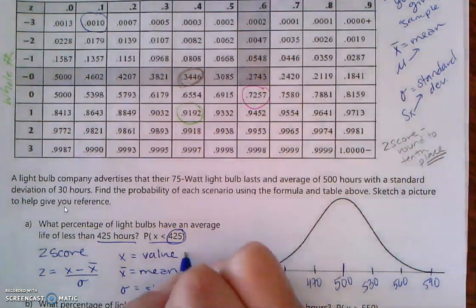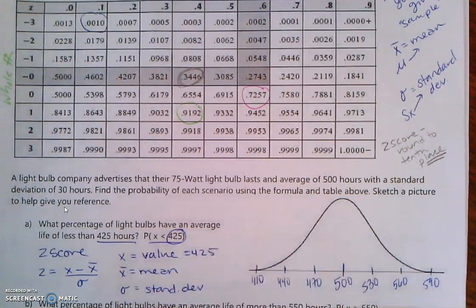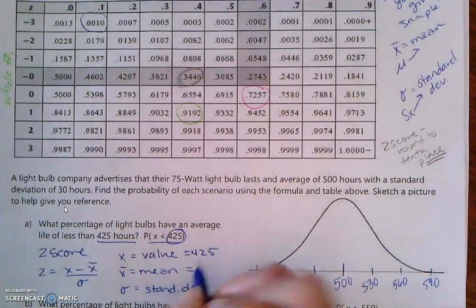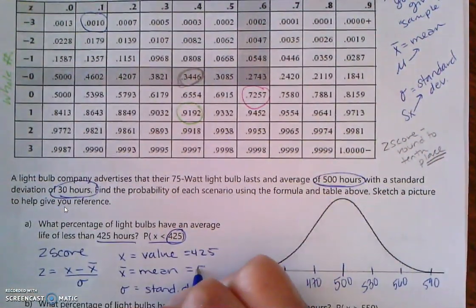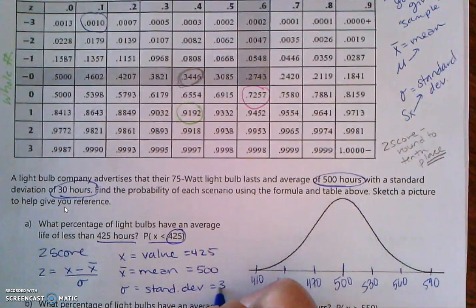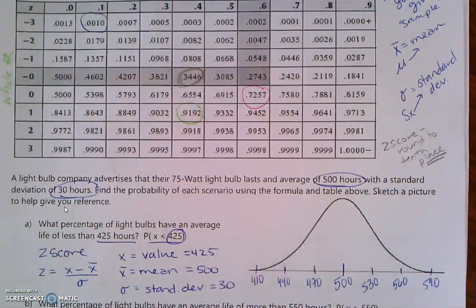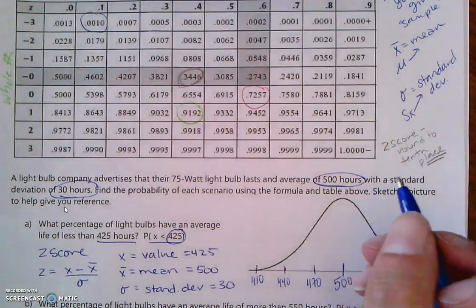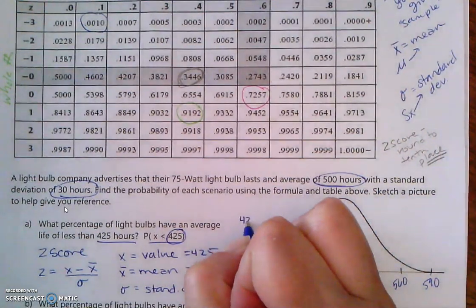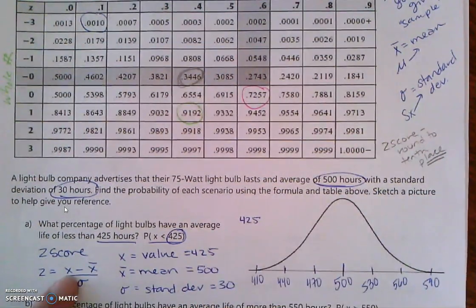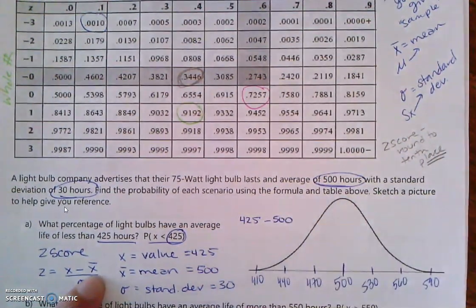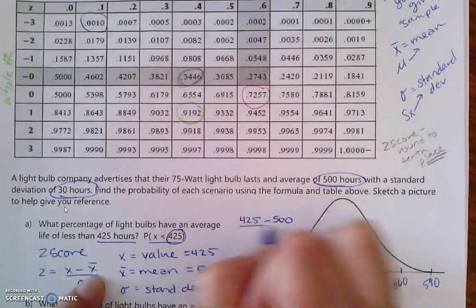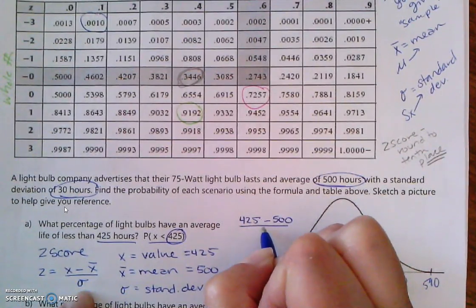Okay, so the value in this problem is 425. The mean is given to us in our original sentence. It'd be 500, and my standard deviation is 30. So to answer this first question, I'm going to plug into my calculator 425, which is my x value, minus 500, which is my mean, divided by my standard deviation, which is 30.